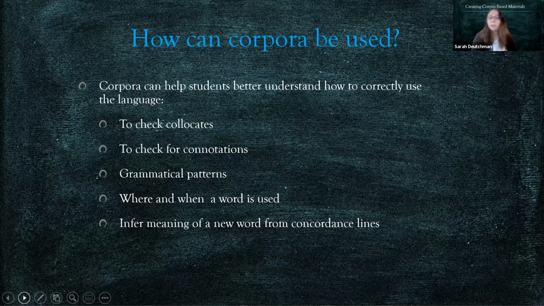Also, you can use it as a kind of discovery activity. If you want to introduce new words to your students, you can use different concordance lines, which are just sentences, to have the students discover and guess the meaning. Also, you can create very specific word lists for ESP, English for specific purposes, or for your class.